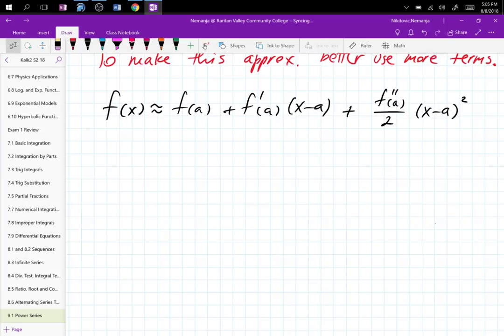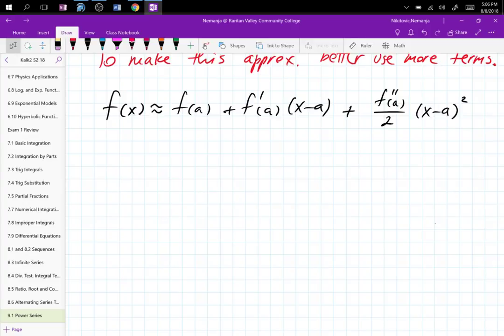Now, the question is, how do we find these approximations? And then also, the question is, what does it mean to be centered at 0 or centered at some other non-zero value? Well, what it means is that the function is going to match and be a good approximation to your function just for some period of time, right? For some interval.